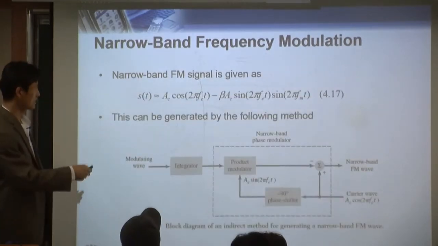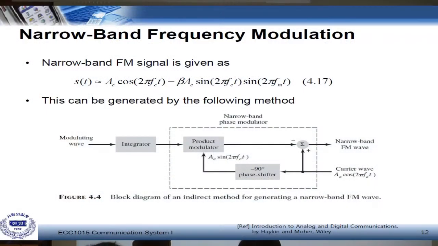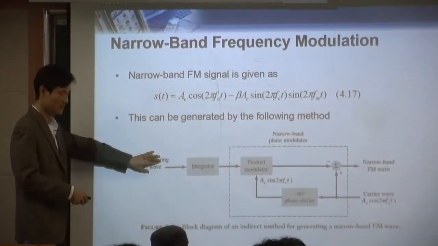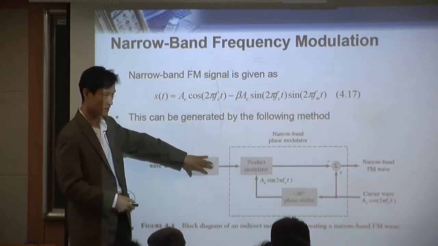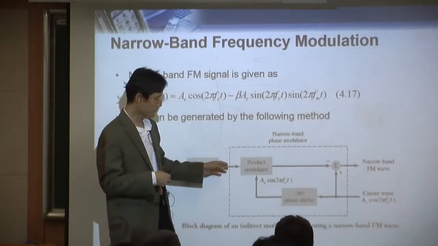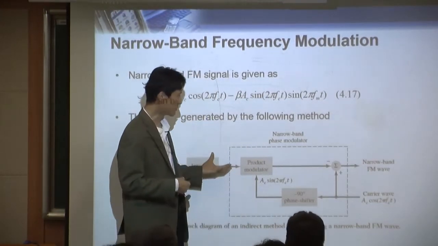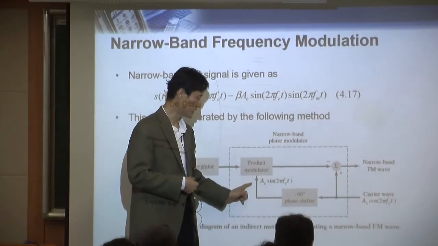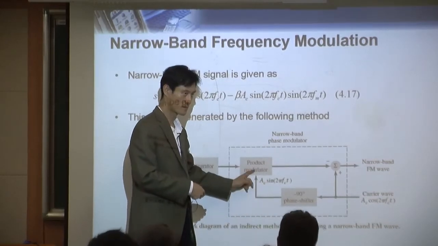Okay? And the previous slide shows you the block diagram, how you can make this block. This is a message, your message going into the integrator because this is FM. And once you do that, now your message is multiplied by a sine carrier.